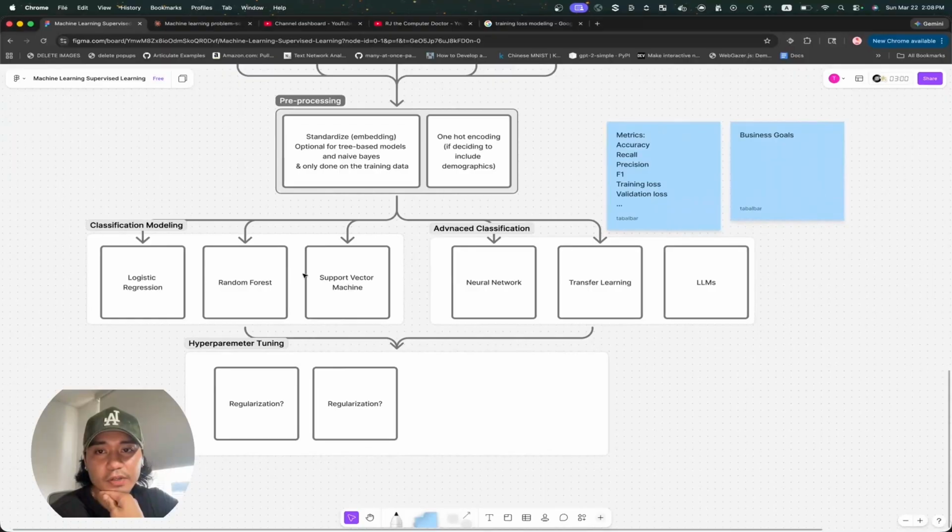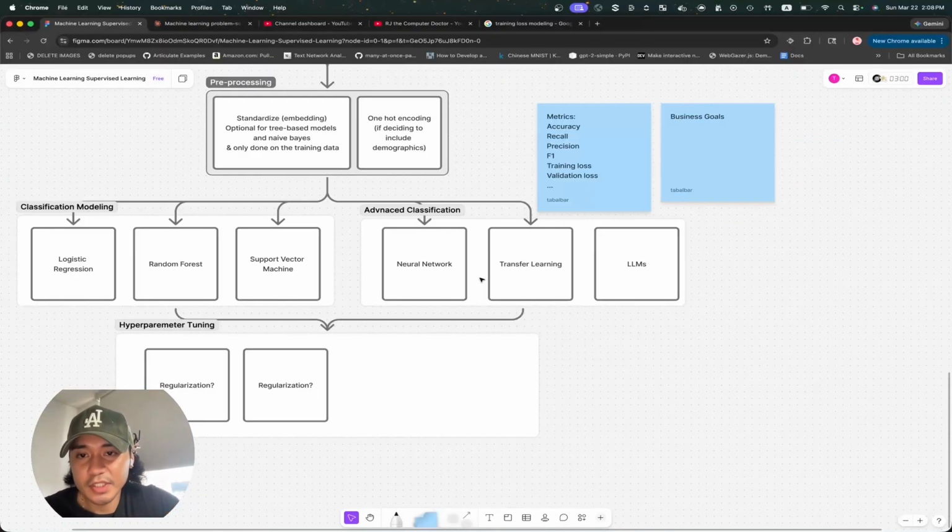But if you have some features that are very complex and it's hard for these simpler models to learn from, then you can use these more advanced classification techniques, which is using a neural network or using transfer learning, where maybe people have built a model and then you can do some transfer learning to fine tune the model on a data set that you have. Or you can use a large language model.